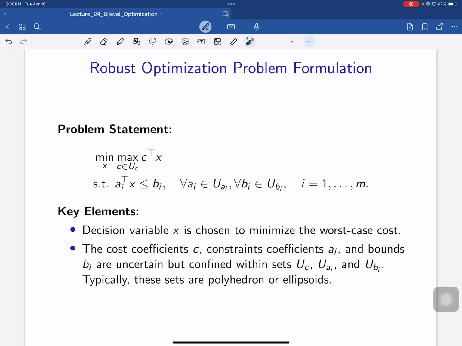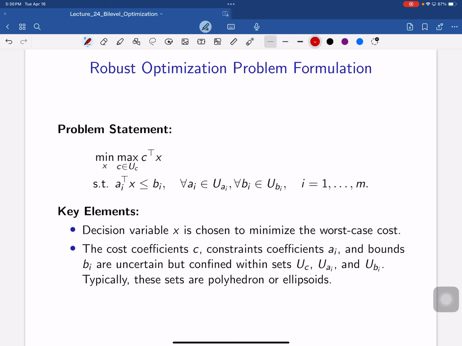But then let's assume those parameters c, A, and b are not deterministic, right? So they live in a so-called uncertainty set. So what we are doing here is basically assuming that c, A, and b belong to a given uncertainty set, right? This uncertainty set can be a polyhedral set of c, A, and b, or an ellipsoid set, right?